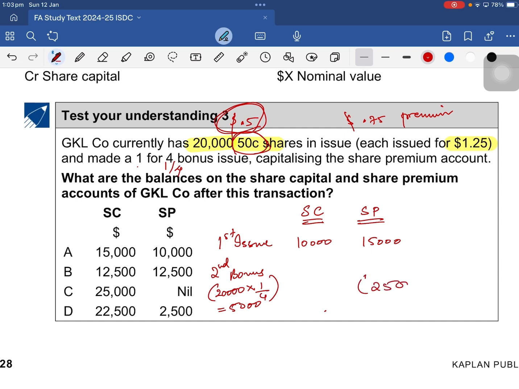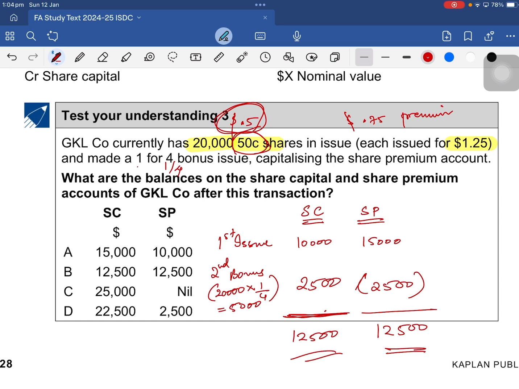That is taken away from share premium and added to share capital. So how much is the net amount? Here it is 12,500. Here it is 15,000 minus 2,500, that is 12,500. Understood?